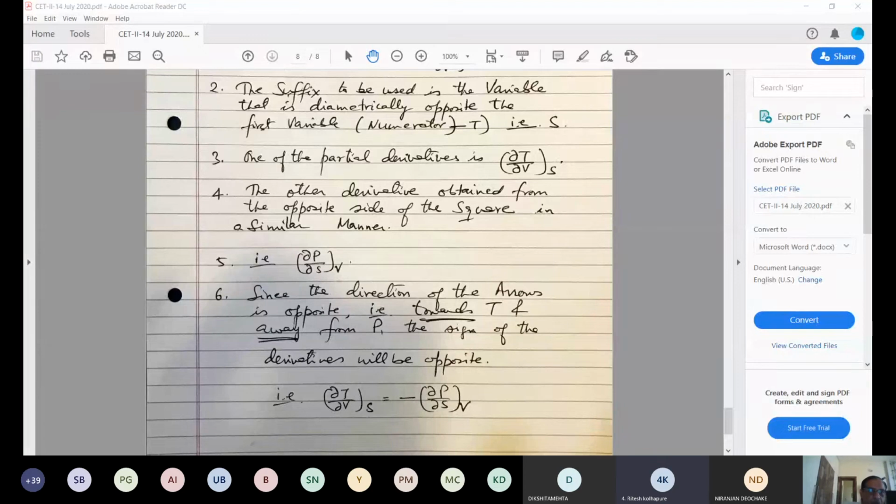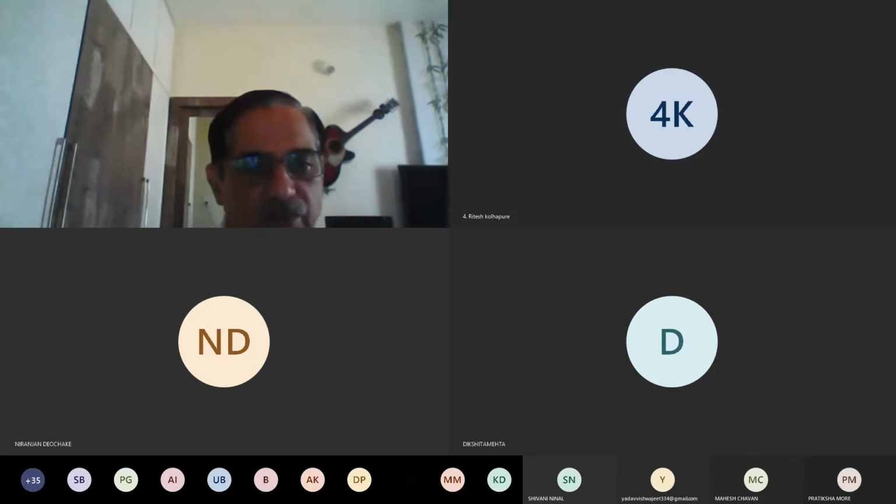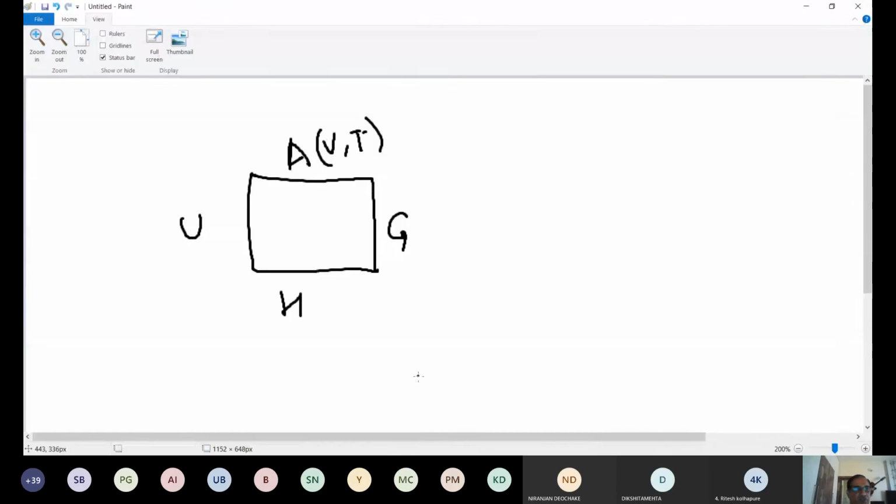Sir, take any one Maxwell equation and explain from it. Let me share this first. I'll tell you. Can you see this Paint now?